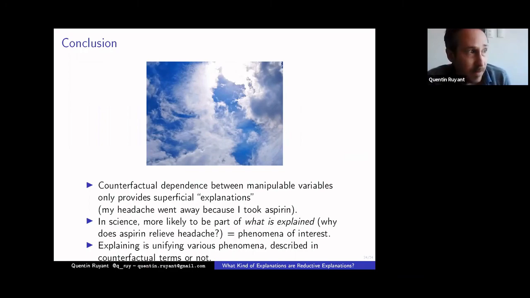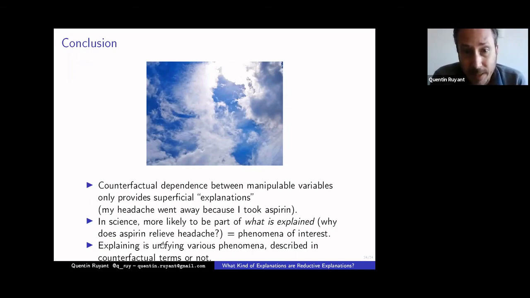What we want to explain is all the counterfactual dependence relations that we find by experimentation in the world. And usually these are counterfactual dependence between high-level variables, accessible variables. But this is not what does the explaining. This is what we want to explain in science, I would say.